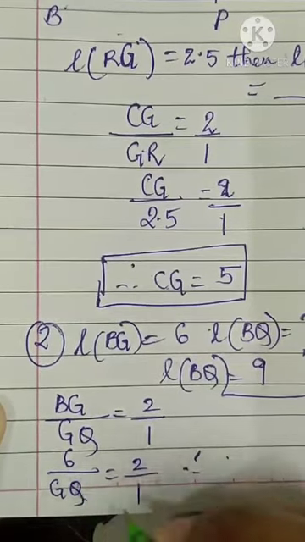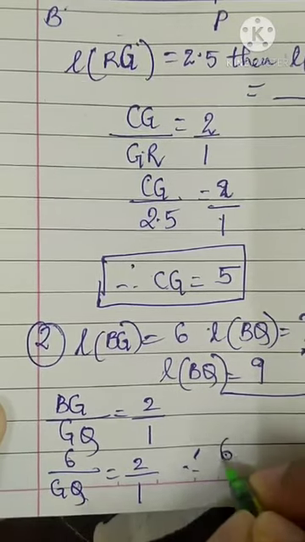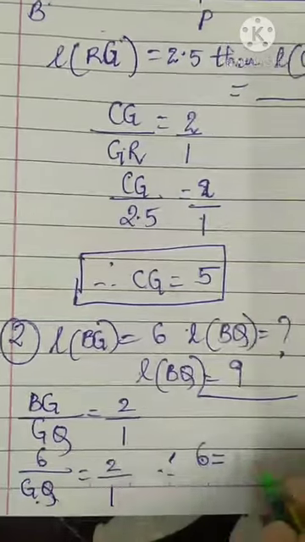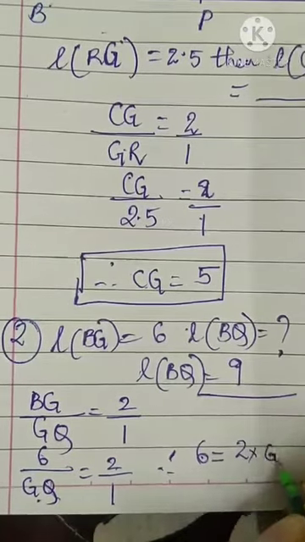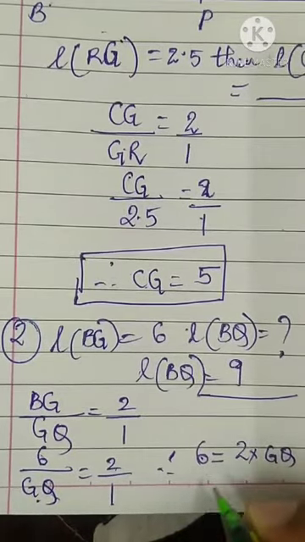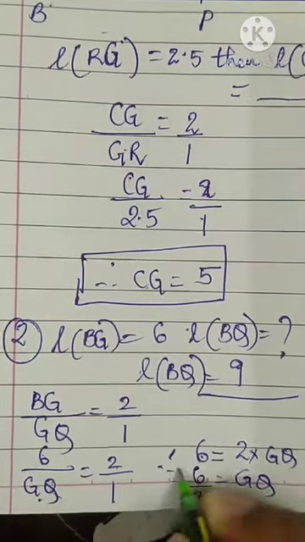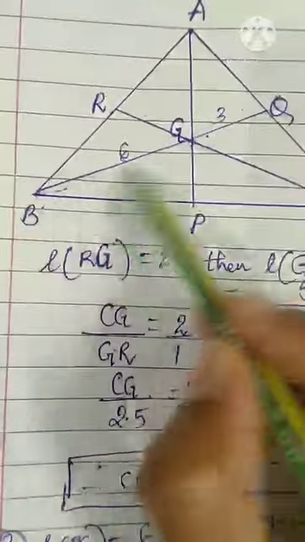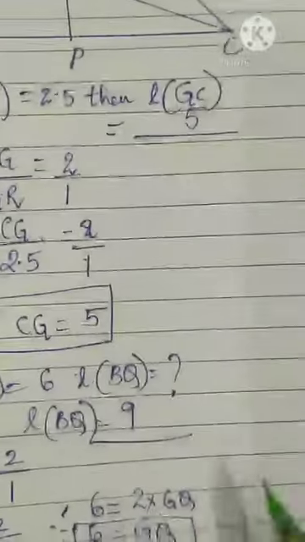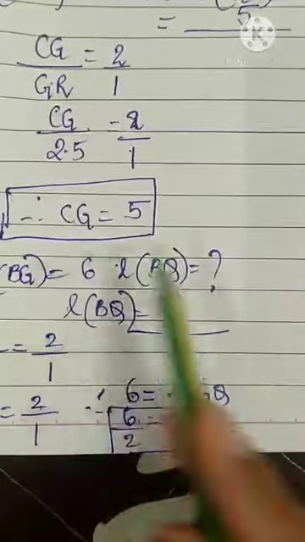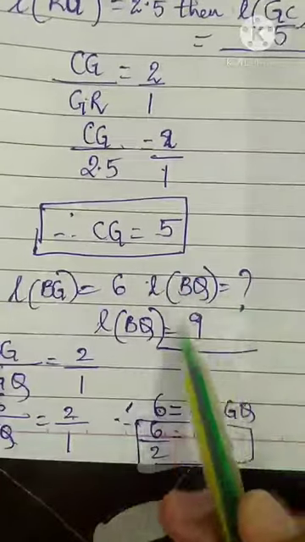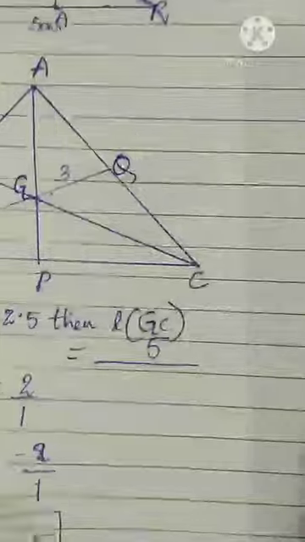Therefore, cross multiply. 6 into 1, 6, is equal to 2 into GQ. Now 2 will come to this side. So 6 upon 2 is GQ. So how much is GQ? GQ we got as 3. Correct, no? So how much will be this BQ? 6 plus 3, 9. You can write it directly also, because they are just asking it in the form of blanks.